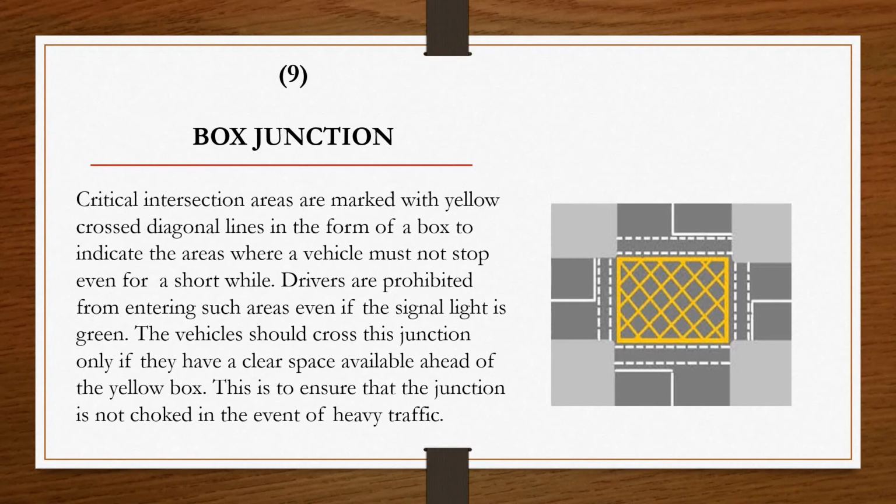Drivers are prohibited from entering such areas even if the signal light is green. The vehicle should cross this junction only if they have a clear space available ahead of the yellow box. This is to ensure that the junction is not choked in the event of heavy traffic.